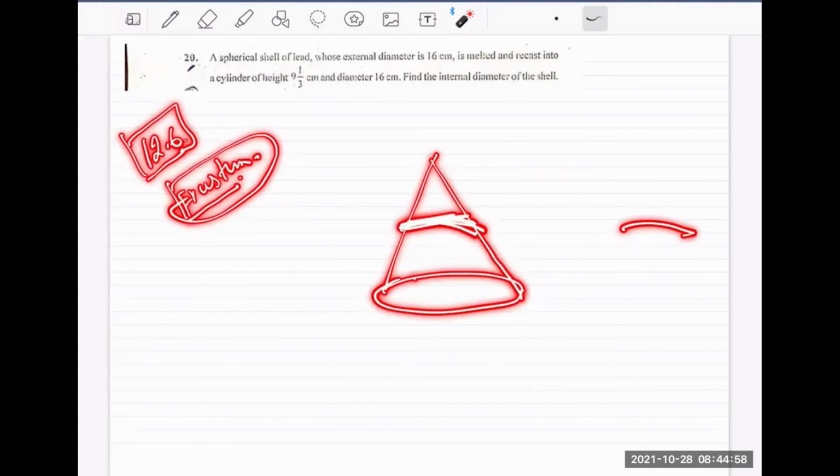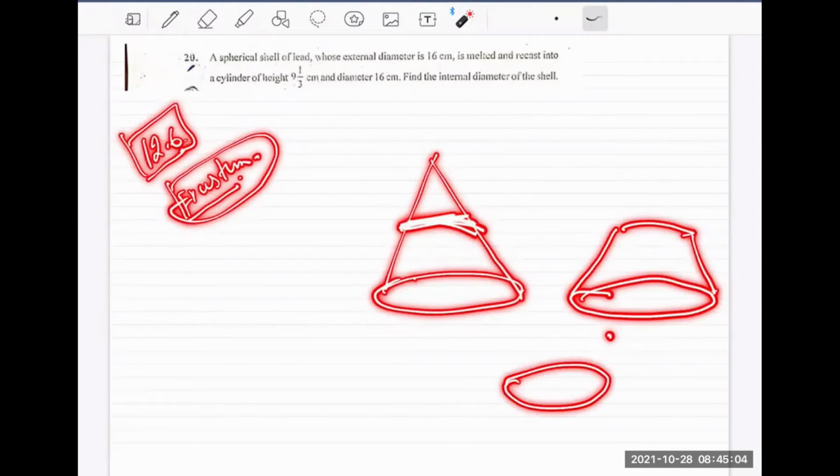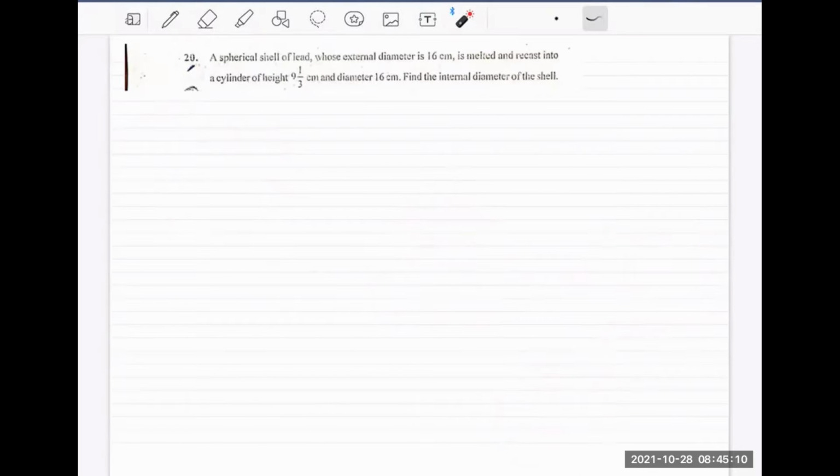So the shape will look like this. Make it upside down and you will get a bucket shape, right? That is called a frustum of a cone. This portion is removed. So no need to worry about the last exercise, 12.6.